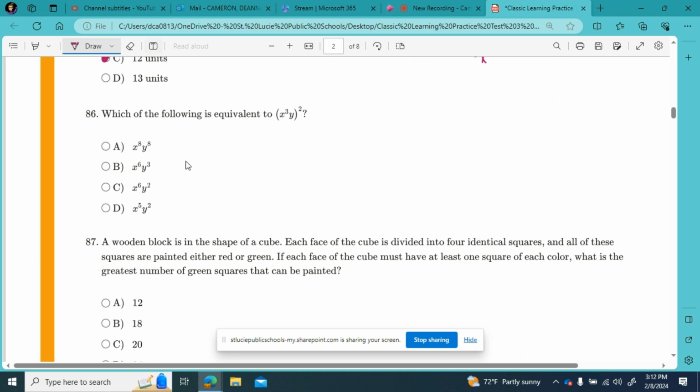So when you're squaring this, you write it twice, right? x cubed y times x cubed y, which x cubed and x cubed, when you multiply them, right? Because x cubed means x times x times x and x times x times x again.